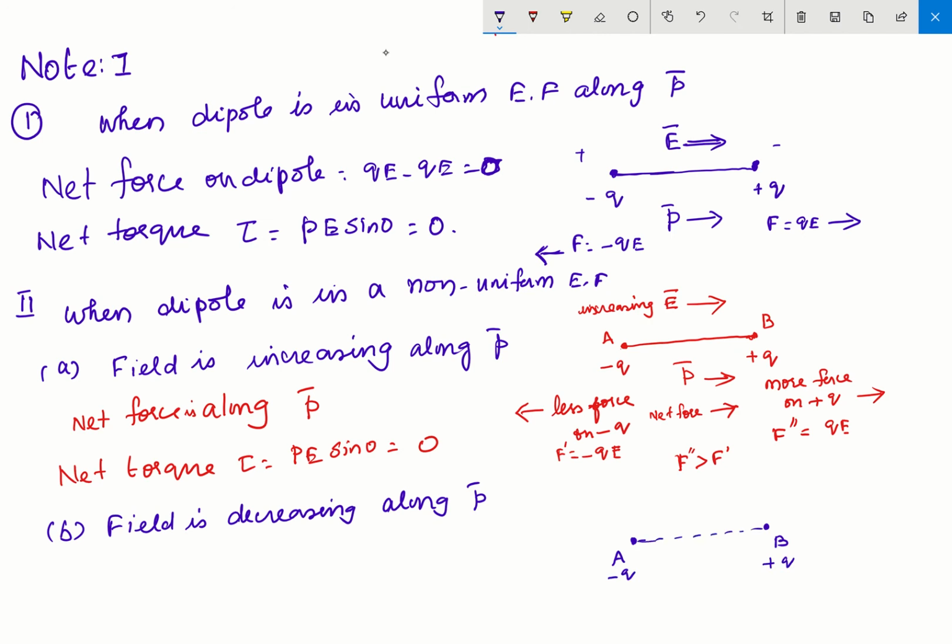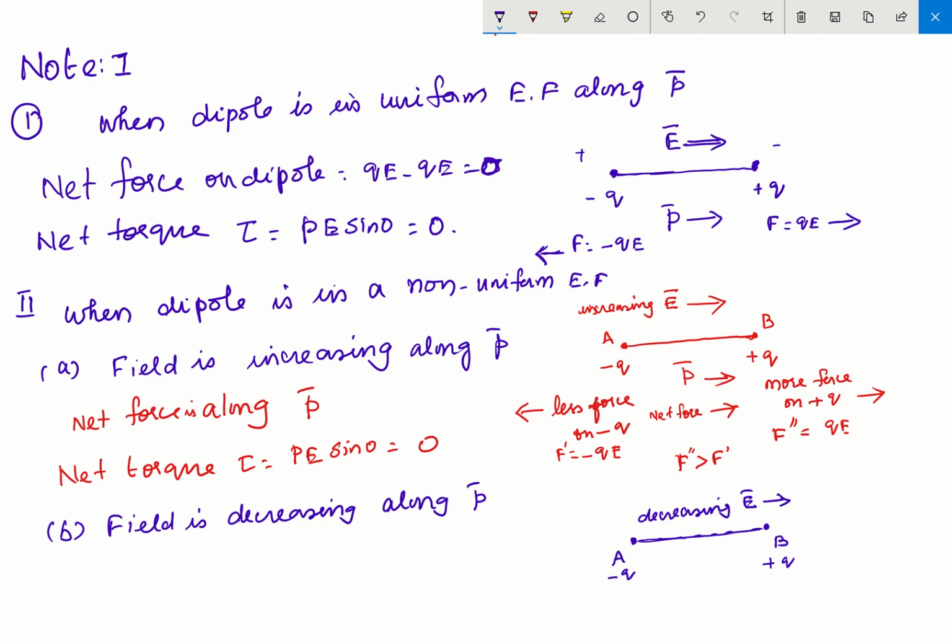Okay, now therefore it is decreasing E, correct? Decreasing E in this direction. Therefore, if you go from A to B, the field is decreasing.